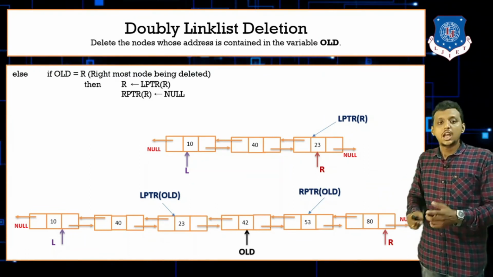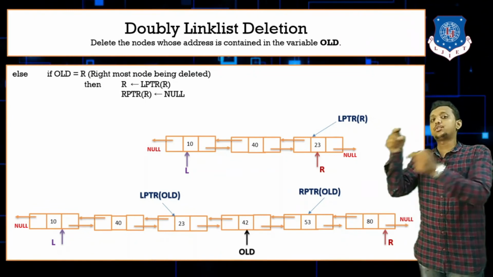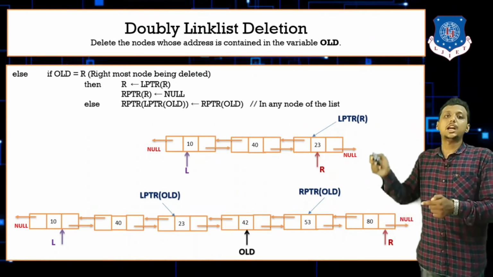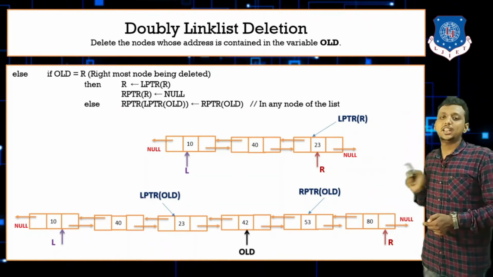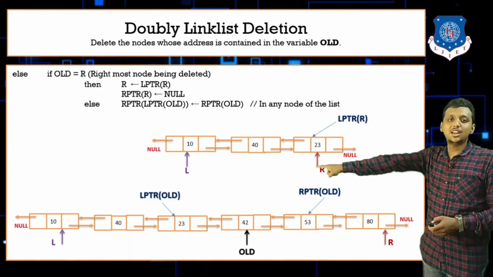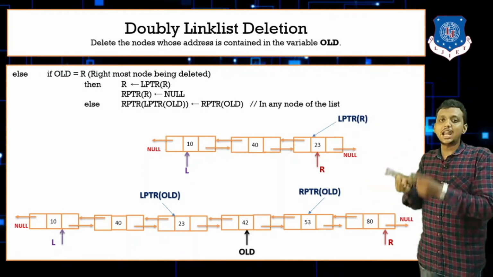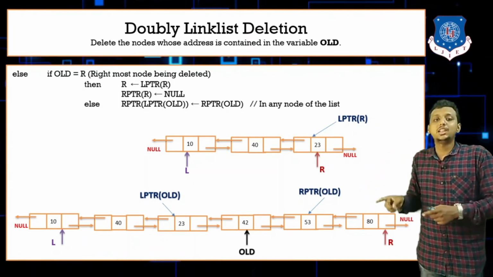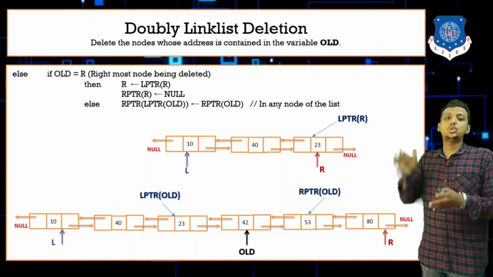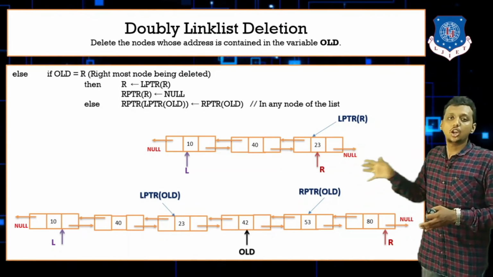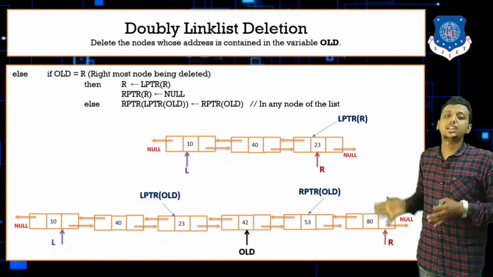LPTR of old. I want to connect the right link of 23. That means RPTR of LPTR of old to RPTR of old, because 23 itself means LPTR of old. So the right link of 23 is going to connect to the right link of old, that means 53 itself.